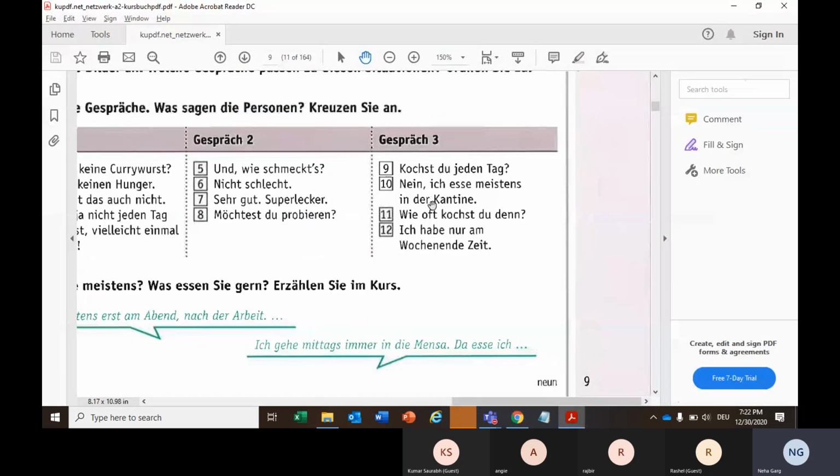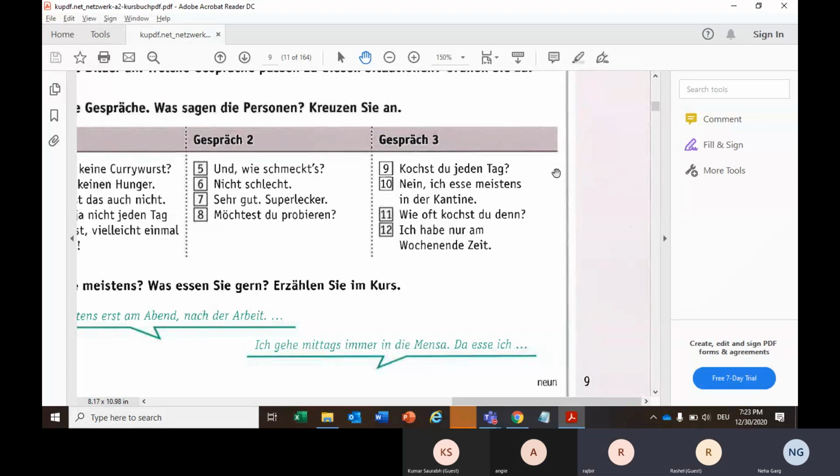So what all dialogues were there? 9, 10 and 11. Okay, let's go one by one. Rajveer, what is your answer? 9, 10 und 11. Angie, what is your answer? My answer 9, 10, 11. Rachel? 9, 10, 11.